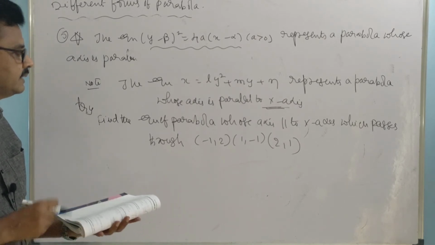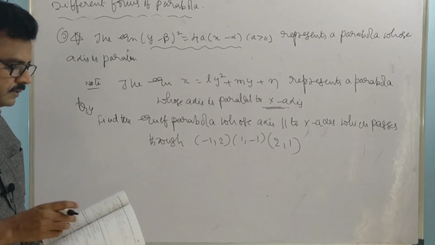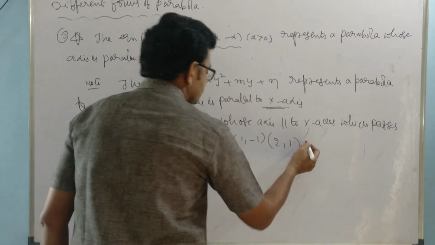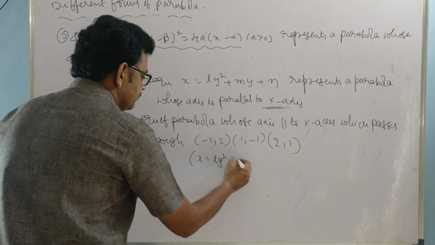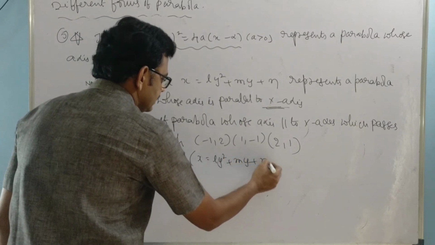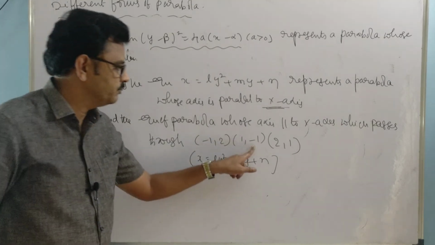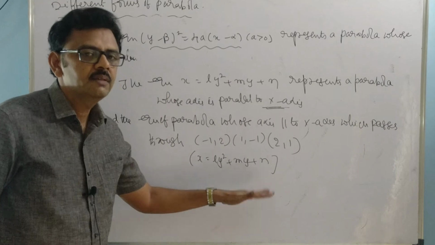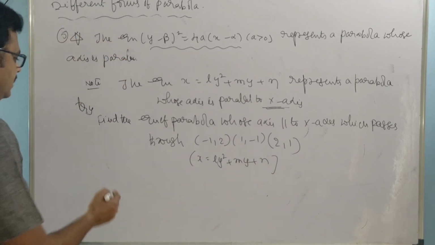Since the axis is parallel to x-axis, the equation of parabola is x equal to ly square plus my plus n. It passes through the first point, first equation, second point, second equation, third point, third equation. So just like that, 3 equations. By solving these 3, you get L, M, N values.